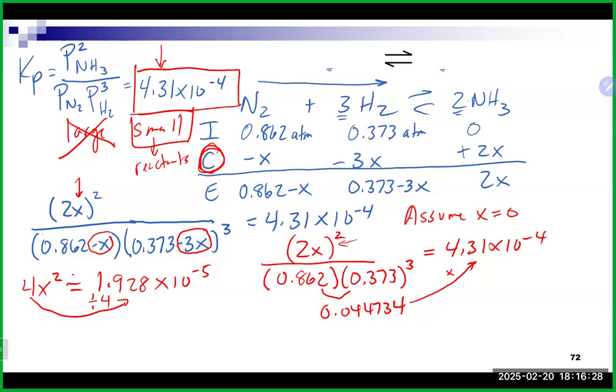We're going to get x squared is equal to 4.8200 times 10 to the minus 6. Obviously, at this point, we're going to do a little square root action on both sides. And that's going to give us an x value of, looks like, 0.00, we'll call it 220 in this case.